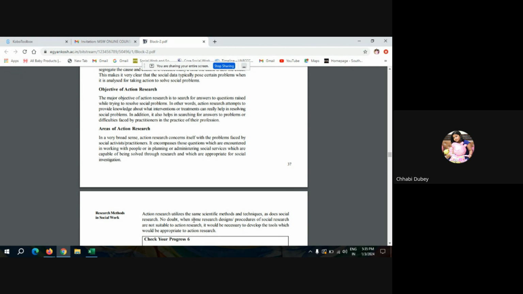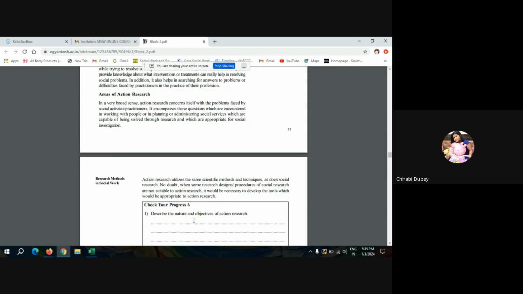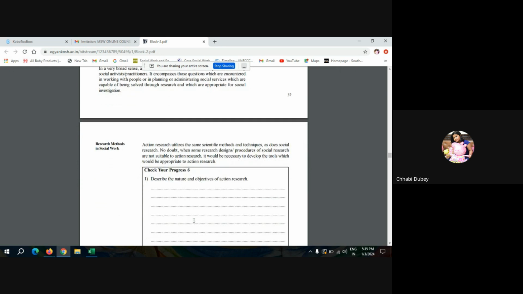And apart from that, it also utilizes the same scientific methods and techniques as social research. So you will find that the area of action research is very vast, very broad. You cannot delimit the area of action research. So in all probability, it covers all the areas which social work as a discipline covers.